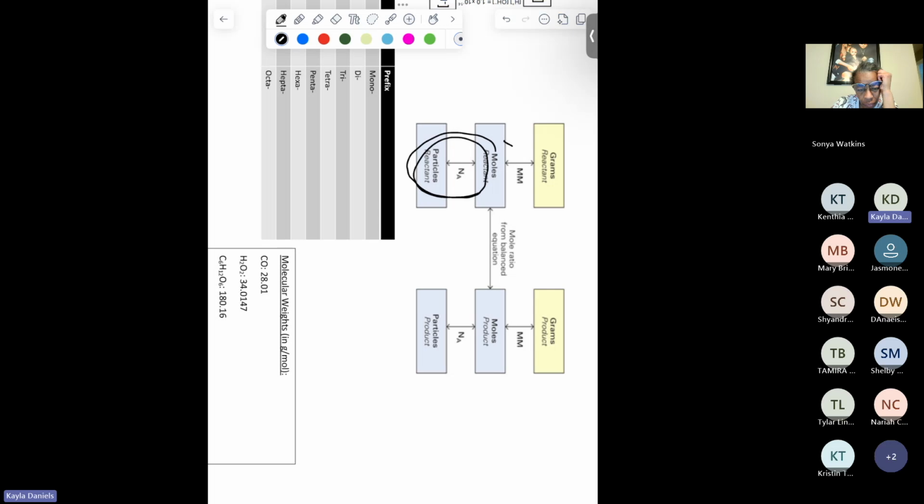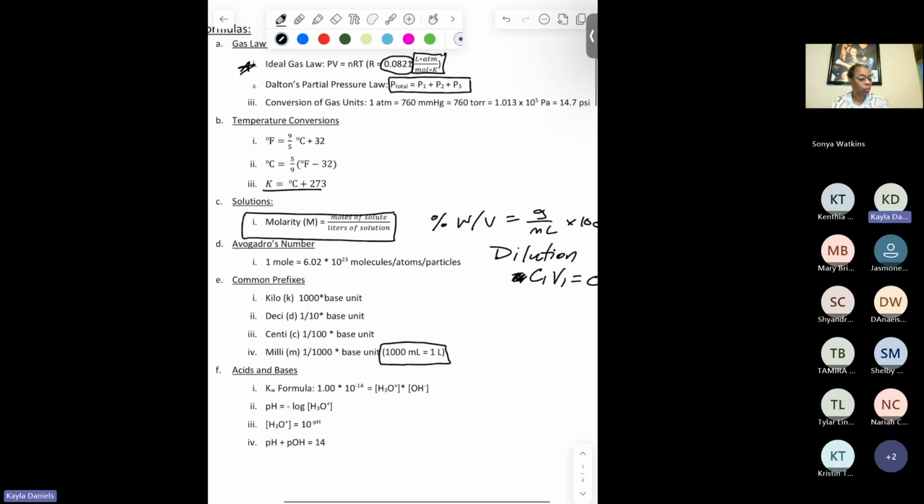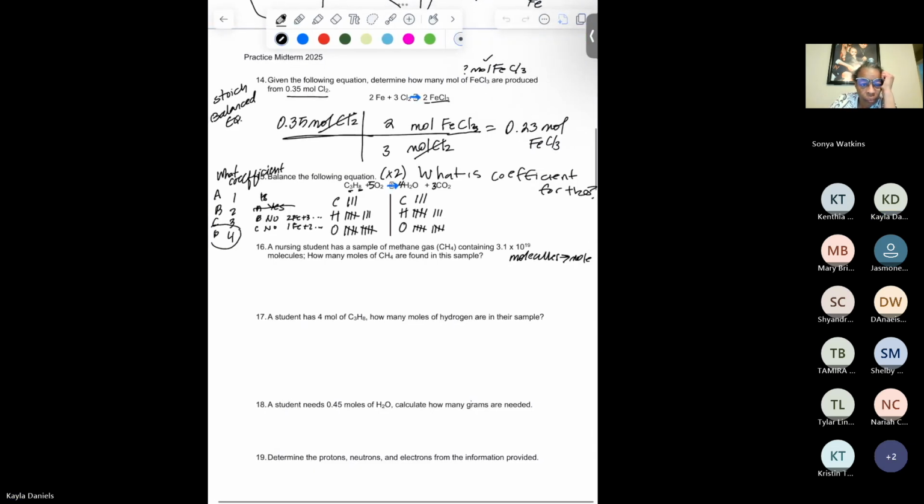So we want to go from molecules to moles, and this says I'm going to use Na, which is Avogadro's number, that crazy number, right here: 6.02 times 10 to the 23rd. I'm just going to call it Avo's number.